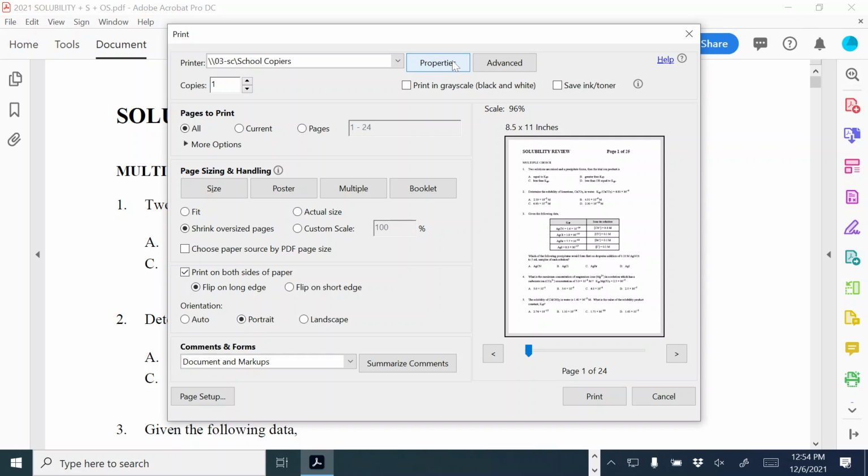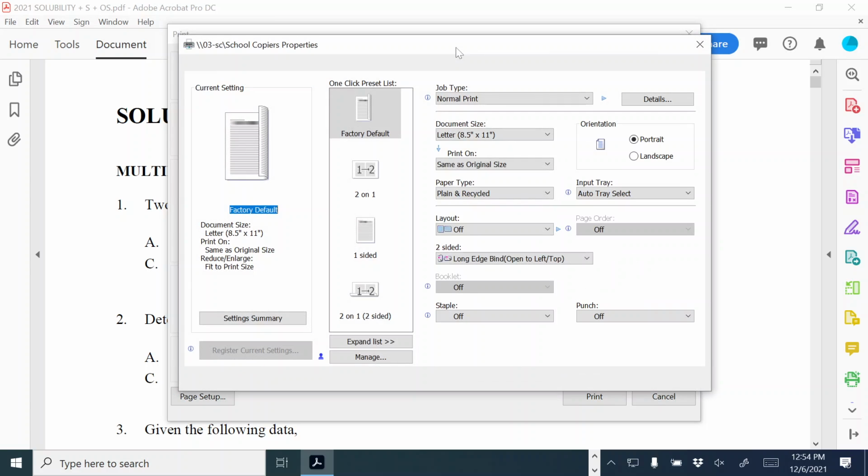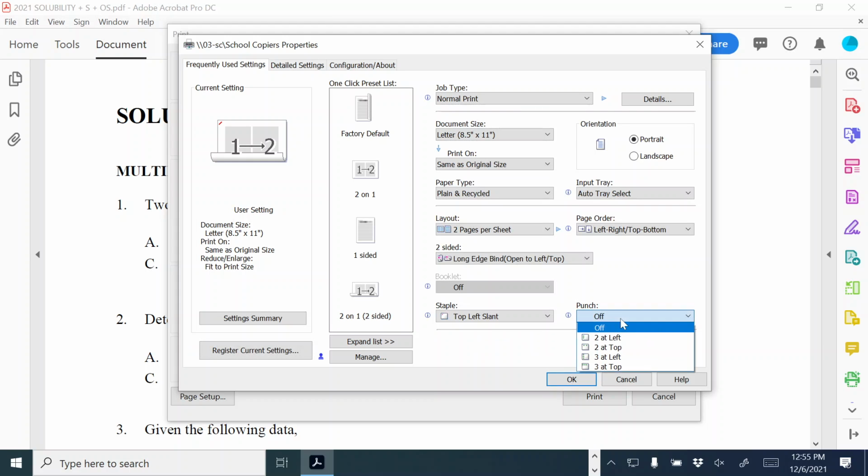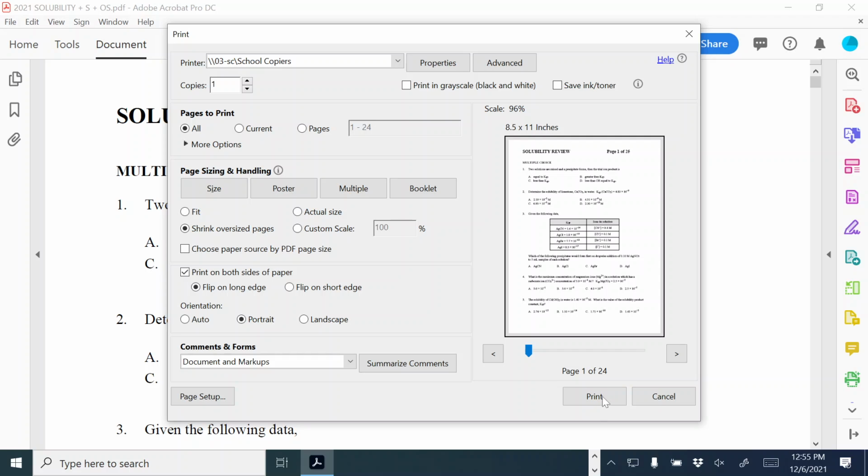Oh, hang on. Properties. Okay. Two on one. Top left line. 3 at the top. I'm going to make like 6 because I don't know how many other people are going to have lost it, because so many people lose it. And I know that my block 4 is notorious for that.